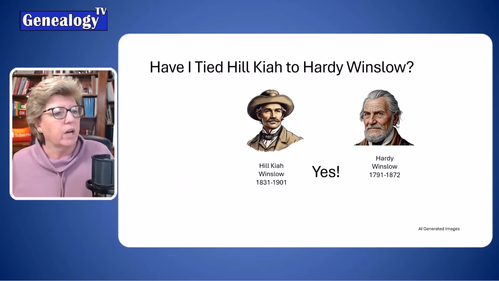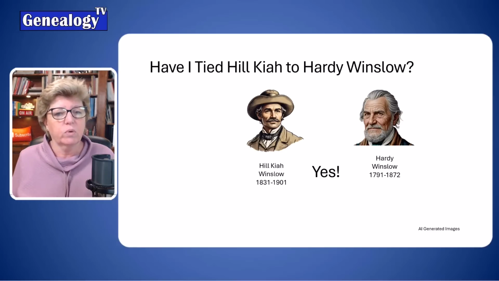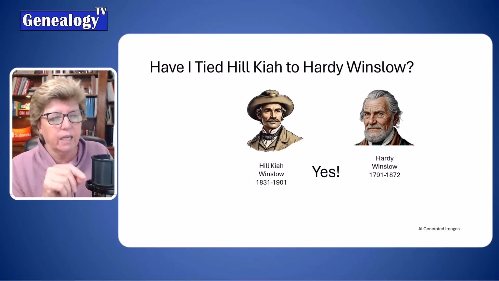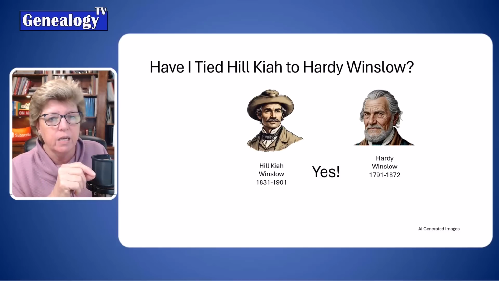Okay. So I've got plenty of evidence now to support Hill Kiah's relationship with Hardy, especially with that probate package and the land records. So what was happening with the land sale was that Hardy was ill. And in those land records where Hardy sells acreage to Hill Kiah, it says, take care of me.